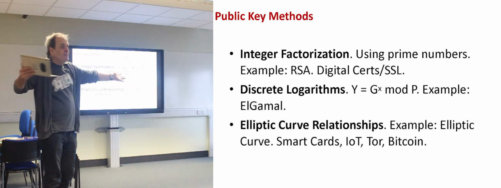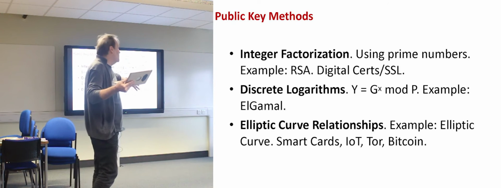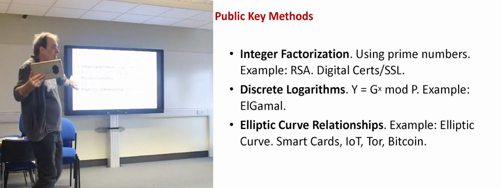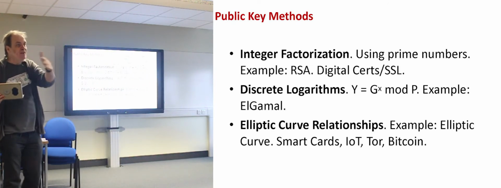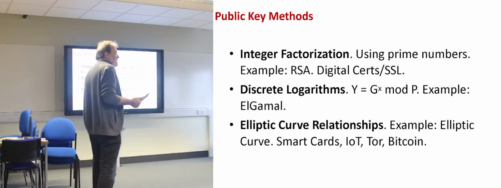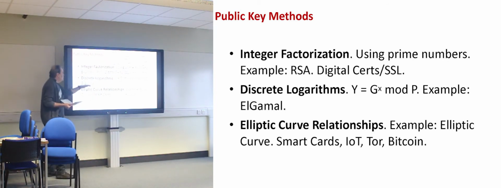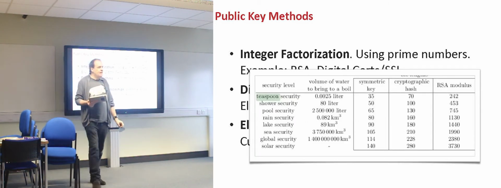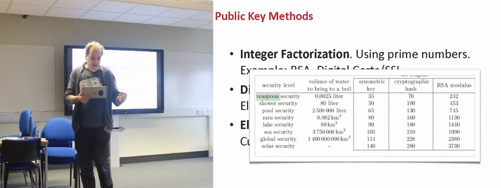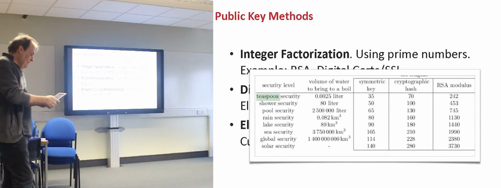So x can be so many values within the space between 0 and p, a prime number, and we're going to have to search through them all. It's just too difficult a task for a computer system. Okay, so it's used in key exchange mainly, but it can also be used in public key with Elgamal. And again, we have a secret key and we have a public key.